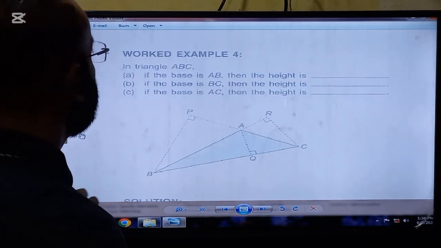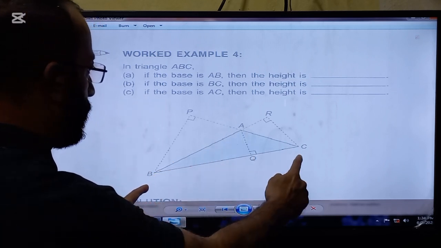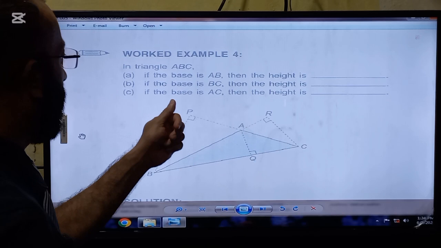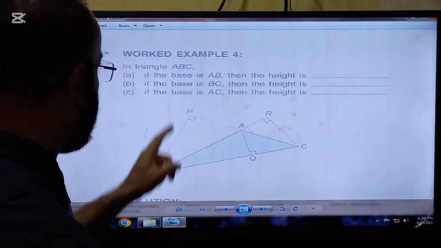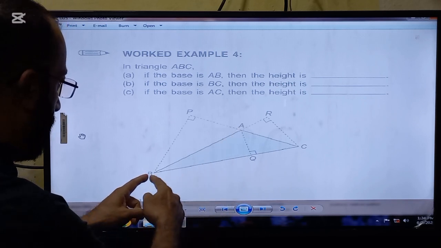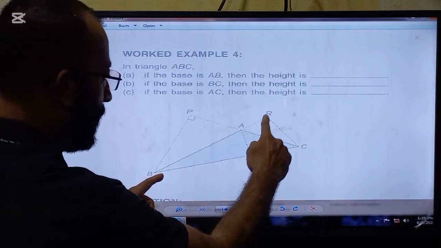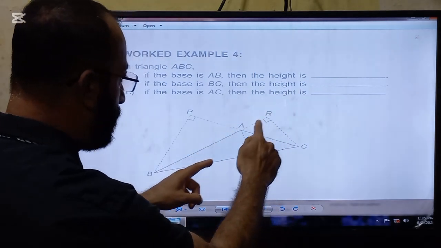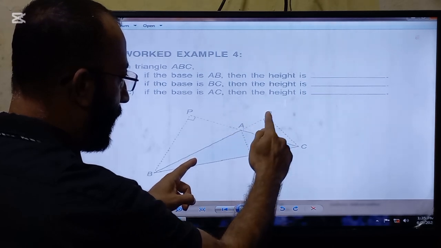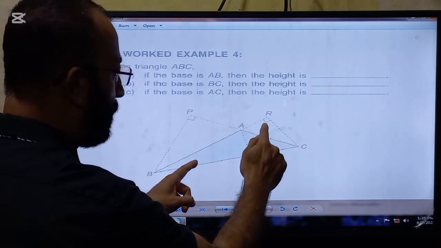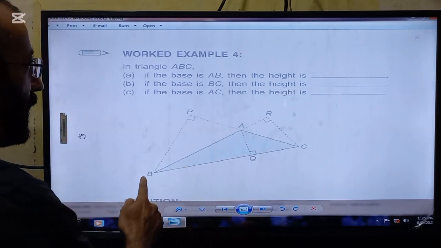Another question is here. In triangle ABC, the blue portion is the triangle. If the base is AB, then the height is? The base is AB. We will extend the base. This is the side which is perpendicular to this side. So CR is the height of AB.